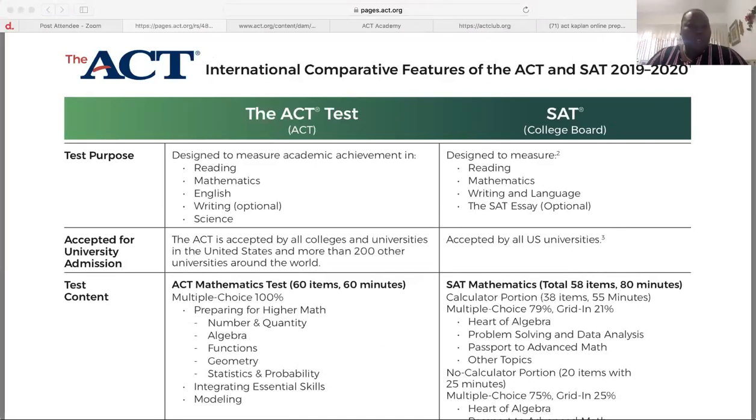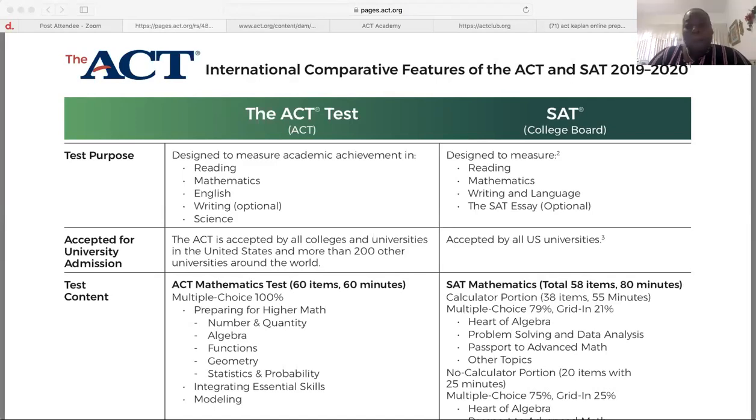The first score is titled your composite score, which is the average of each section with the scoring range of 1 to 36. And then the second score that ACT gives is a STEM score, which is your math and science score combined. So let's jump right in and see the differences between the ACT and the SAT.